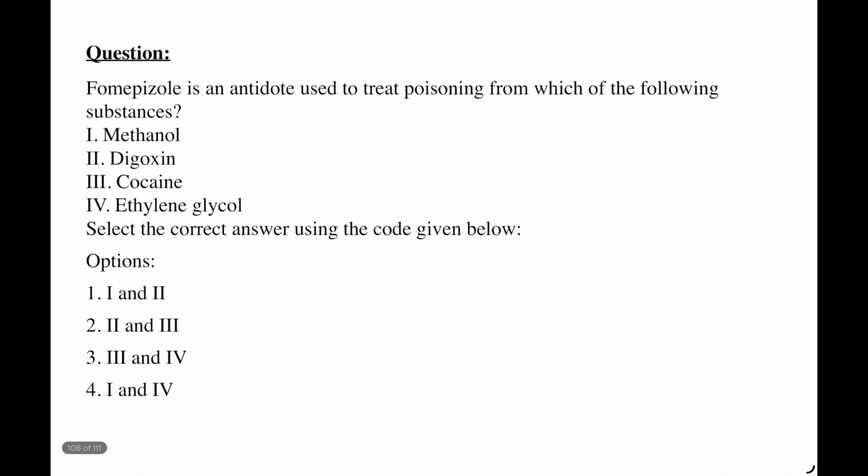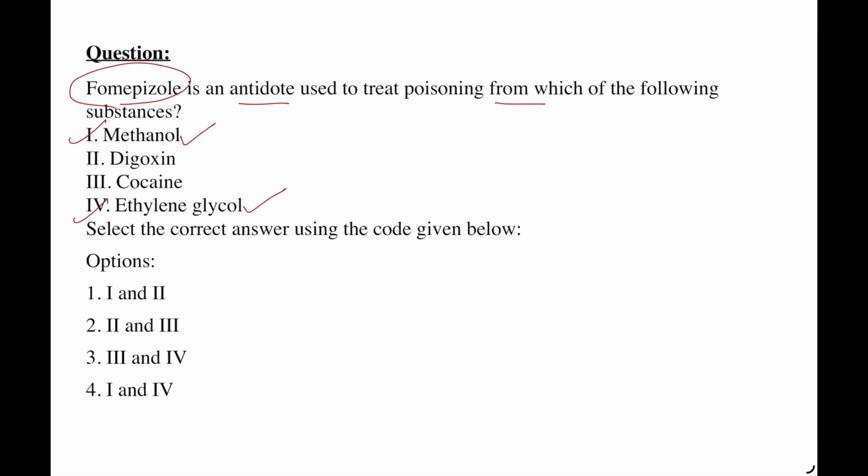Right? Next, fomepizole is an antidote used to treat poisoning. Fomepizole is used as an antidote for two poisonings. One is methanol and the other is ethylene glycol. Methanol and ethylene glycol. For digoxin we use digibind and all. For cocaine we have symptomatic treatment.